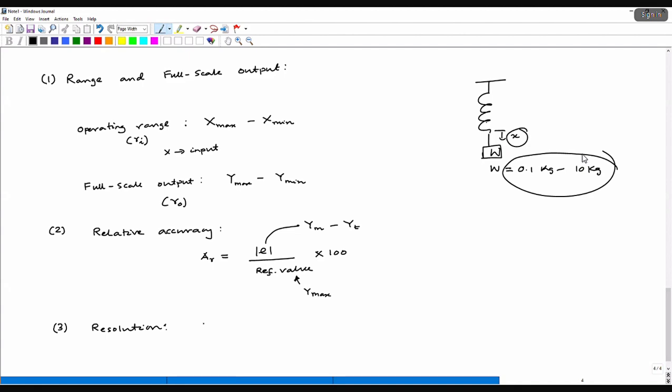So this resolution can be defined as delta x divided by x max minus x min into 100. So what is the smallest change that you can really measure, with respect to the full scale, with respect to the operating range, into 100.